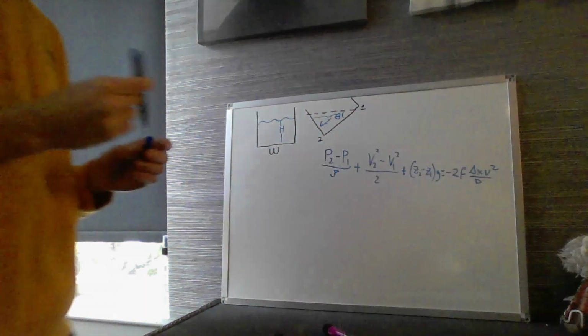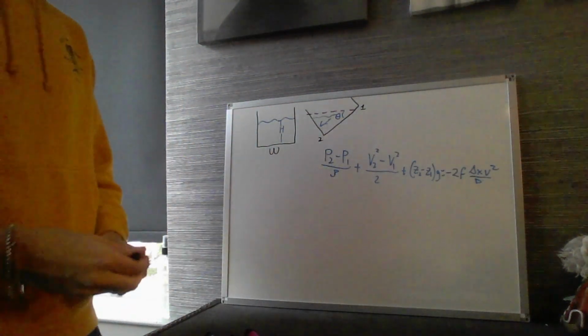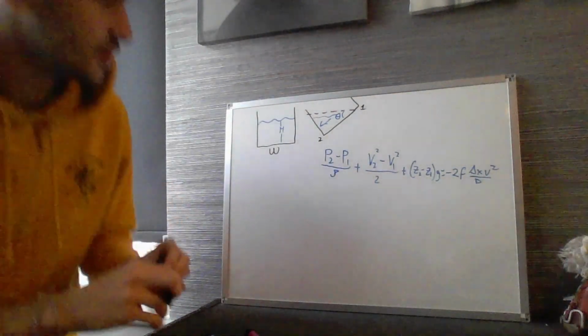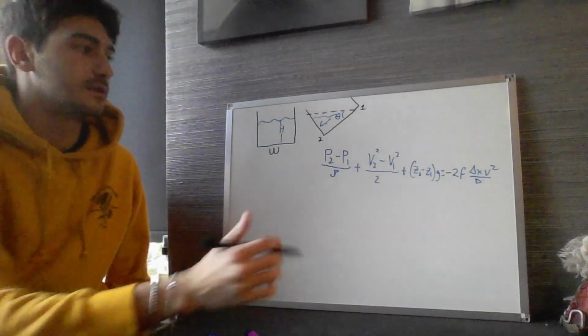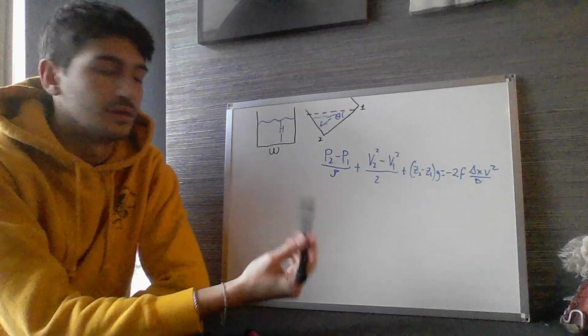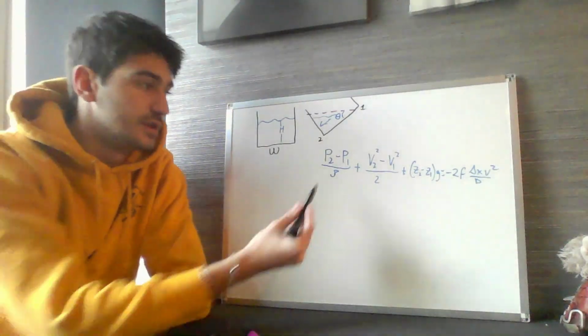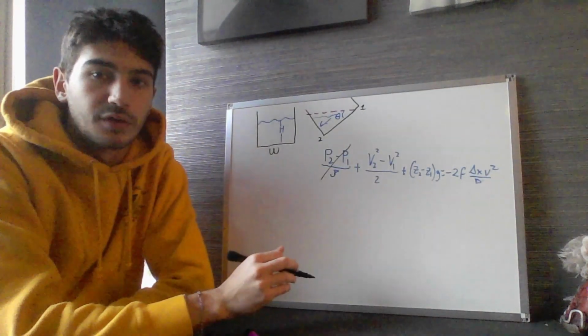All right, so let's go ahead and get started. Like we stated, this is an open channel and water is flowing through it respectively at both points 2 and 1, and therefore there is no change in pressures, so this value is negligible, or it goes to 0. We can forget about that.